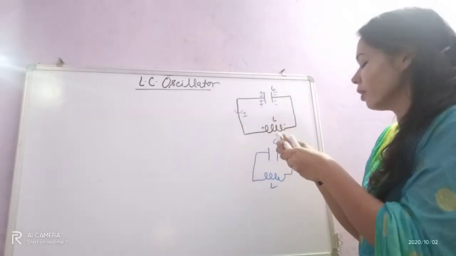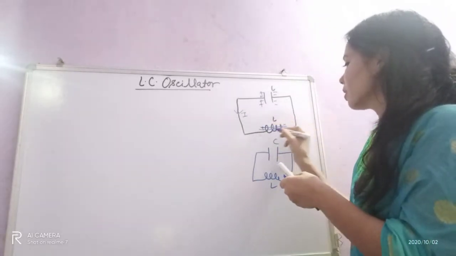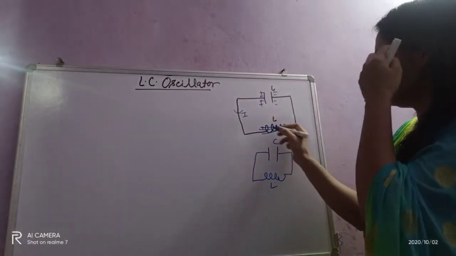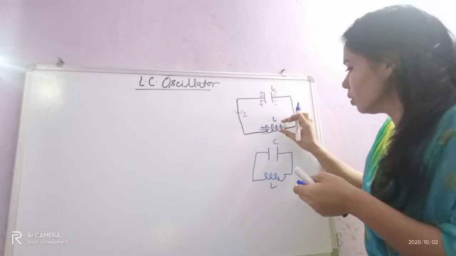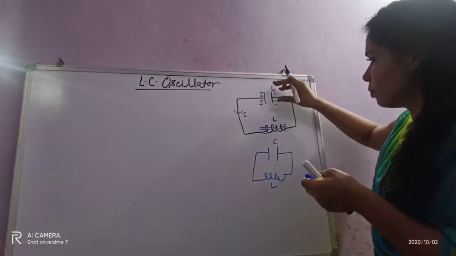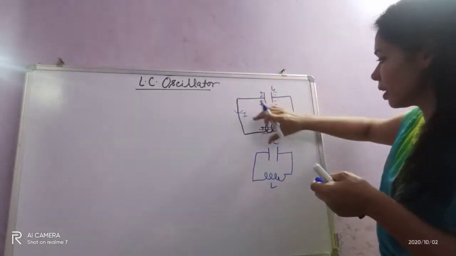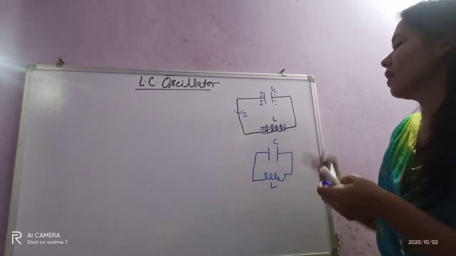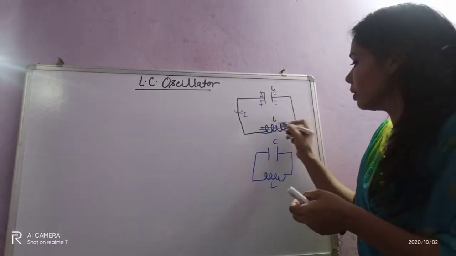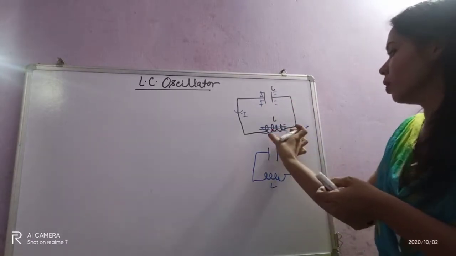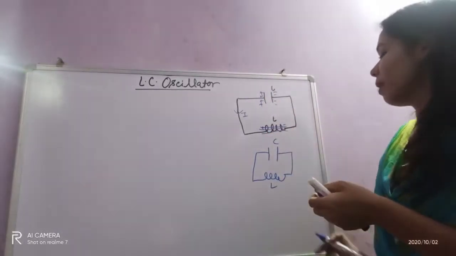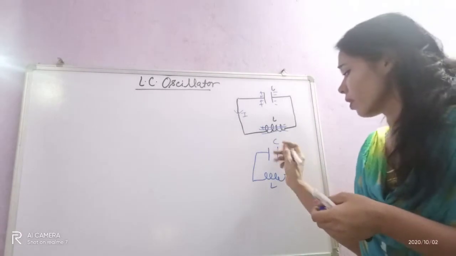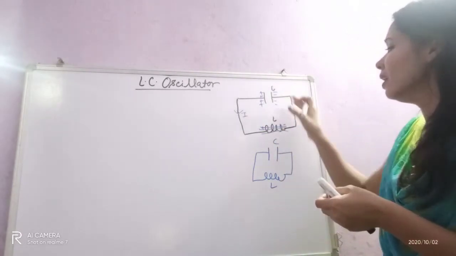Induced EMF means magnetic flux. Because of the change in current, an induced EMF is generated, and there is some flux. Because of this change in flux, the electric field has converted into a magnetic field in this inductor, and it has some energy. That electrical energy has converted to magnetic energy, and this capacitor gets discharged.